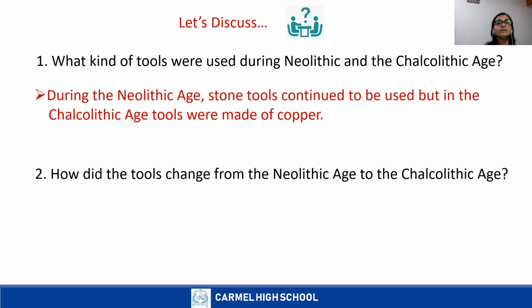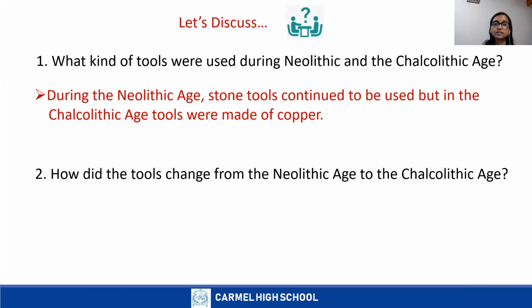So how did this change happen? So we can tell that people started realizing the benefit of metal, the benefit of copper. Then they began making tools out of that metal.